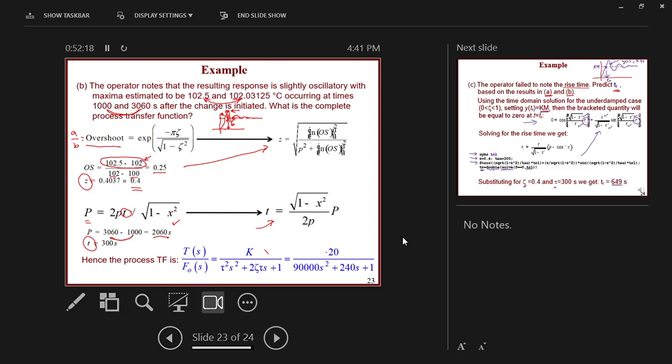Again, I want to remind you that we were able to get the transfer function of the process not from the mathematical modeling of the process. We have used the dynamic response, which is usually an experimental one, and from the characteristics of these dynamics, which are the overshoot and the period, we were able to calculate the tau and the zeta.